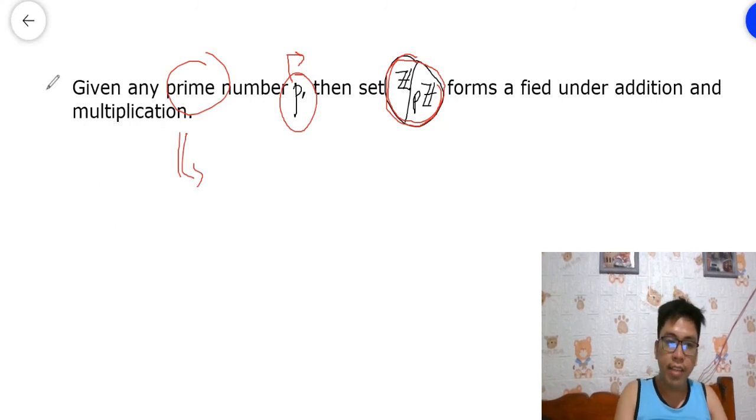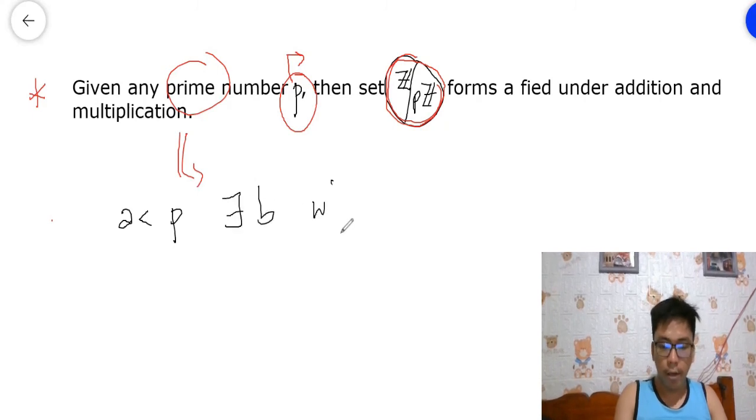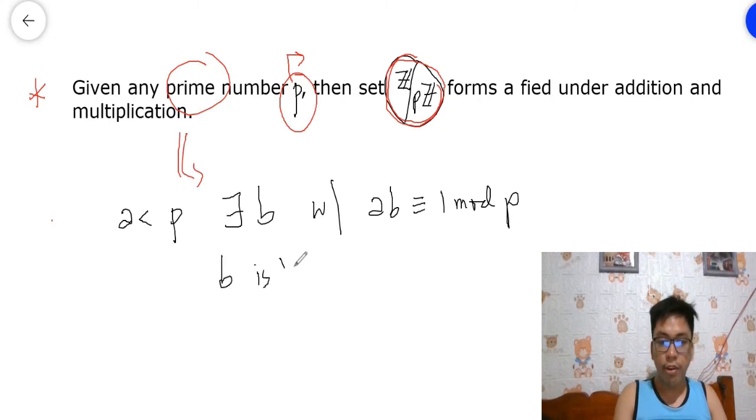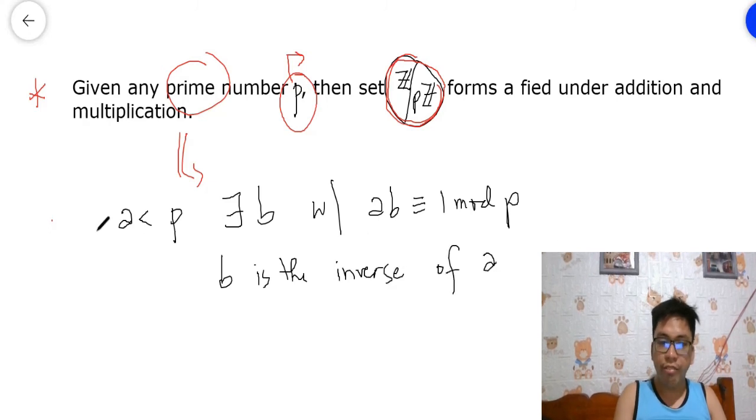And in fact, this claim can be proven. We can prove this using the Euclidean algorithm to show that for any a less than p, there exists b with ab congruent to 1 mod p. And by that, we can conclude that b is the inverse of a, using the fact that the GCD of a and p is 1.